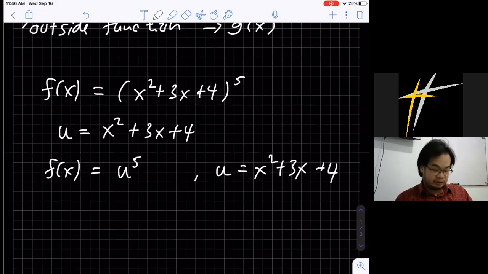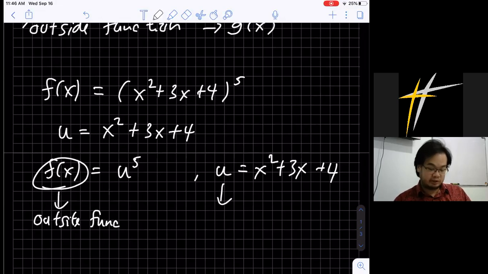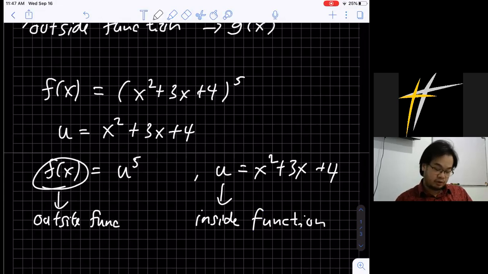So in this case, f(x) is the outside function, and u in this case is the inside function. Okay, u is the inside function. So basically f(x) = u⁵ and u = x² + 3x + 4.